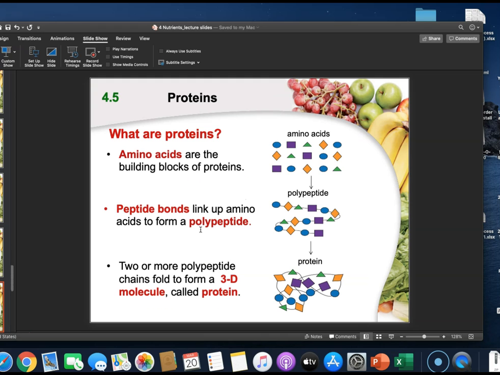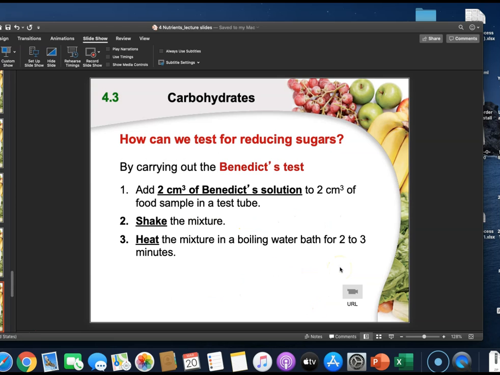We also mentioned that different amino acids will join together by peptide bonds to form a polypeptide. Many polypeptides will come together to form a protein molecule. We also talked about the different tests, especially your Benedict's test to identify reducing sugars. Tomorrow we will continue with the rest of the lesson. So now please proceed to SLS to complete the other part of the lesson. Thank you.